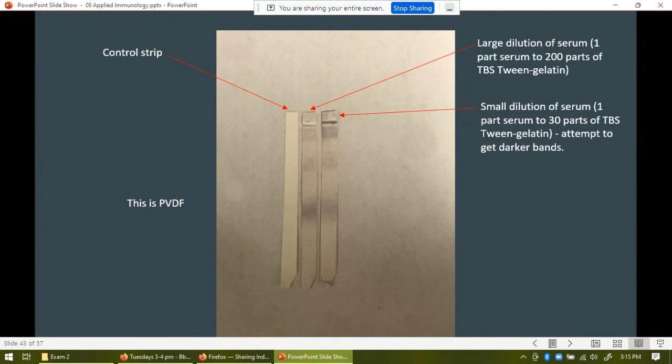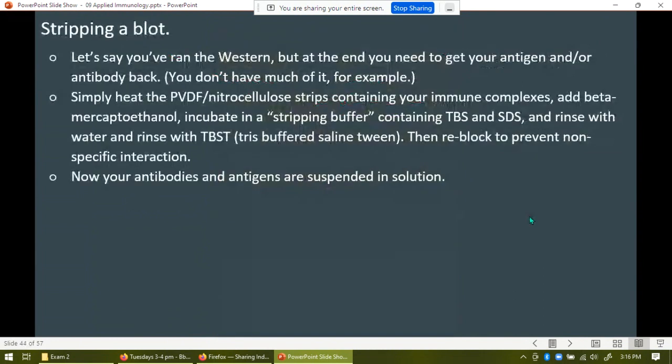They do this for the diagnosis of certain diseases that have a variable antibody response, because this allows you to assess a lot of different antigen-antibody interactions. So it can be really useful for that purpose. So any questions on the Western? Going once, going twice. Okay.